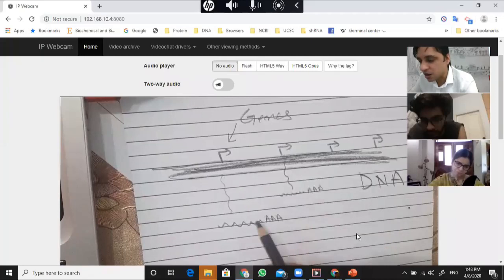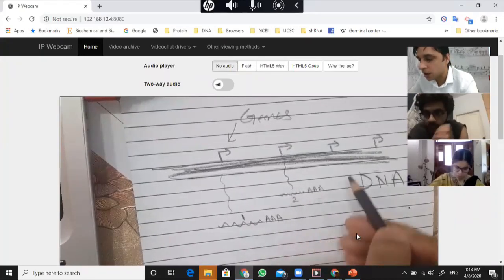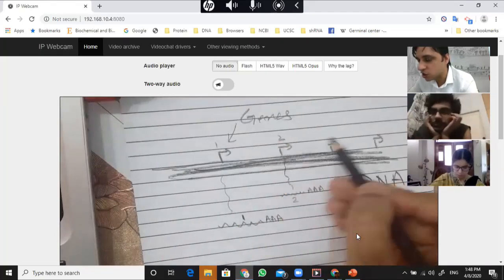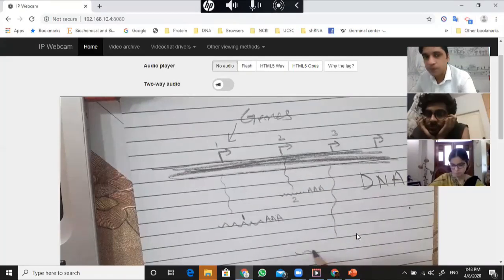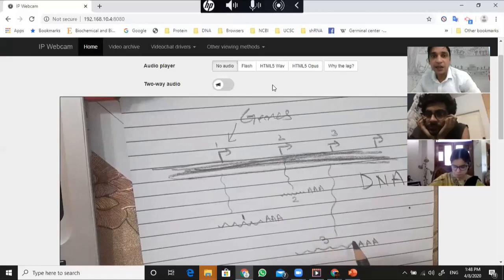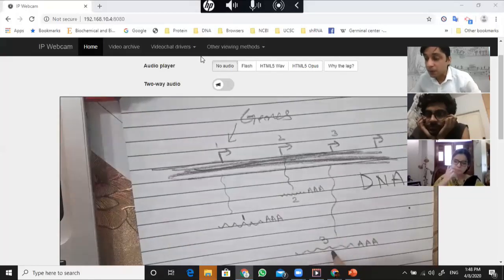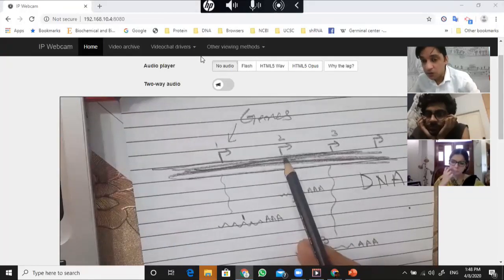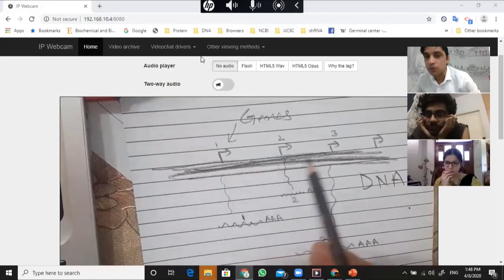It may be messenger RNA 1, messenger RNA 2, gene 1, gene 2, this is gene 3, and this is producing messenger RNA number 3. So one part of the DNA is called a gene when it is able to produce the messenger RNA. But remember, genes constitute almost 2% or less of our total genome.